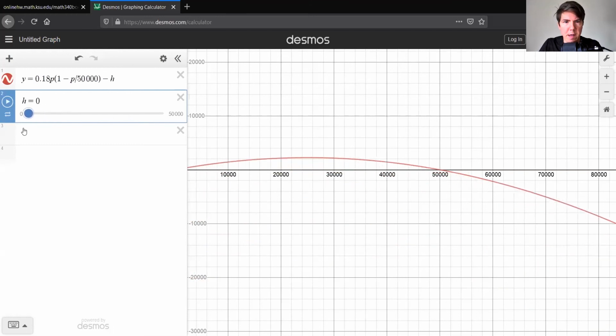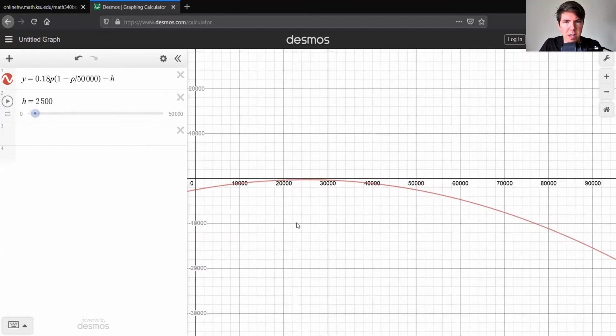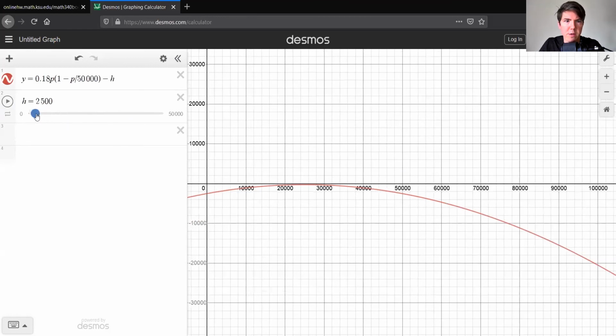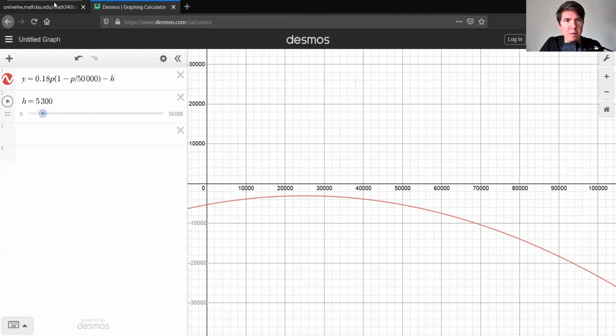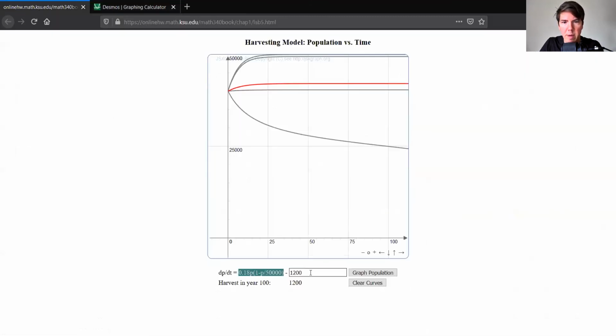So we can see how changing H will change the graph here. So if we have H be, let's say, too big, it will make it so that the population just crashes right away. Like if we do 5,300 and we go back here and we type in 5,300 and graph the population, we can see it just crashes right away.